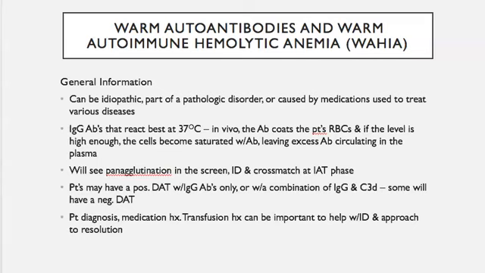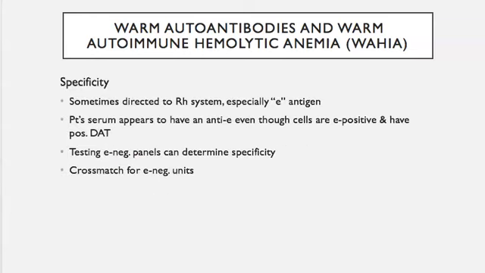Patients might have a positive DAT with IgG antibodies only, or with a combination of IgG and C3d. Some might have a negative DAT. The patient's diagnosis, their medication history, and their transfusion history can all be important to help with identification of the antibody and in an approach to a resolution.